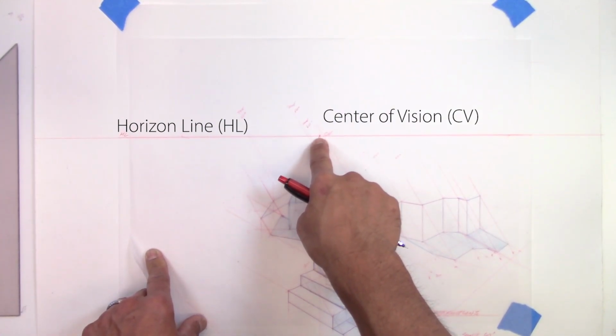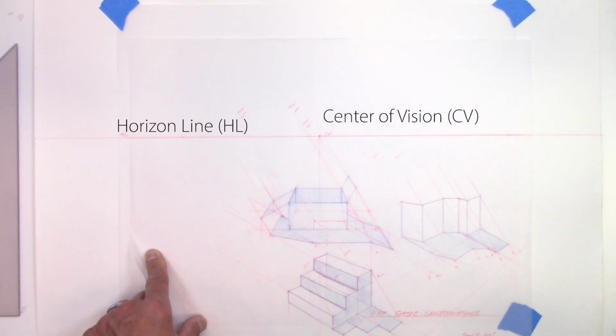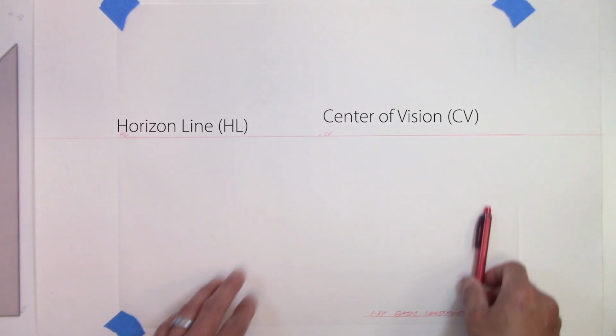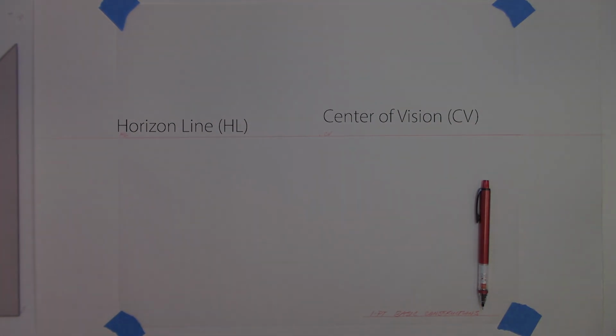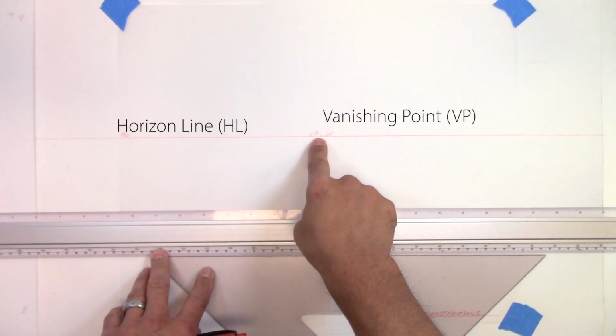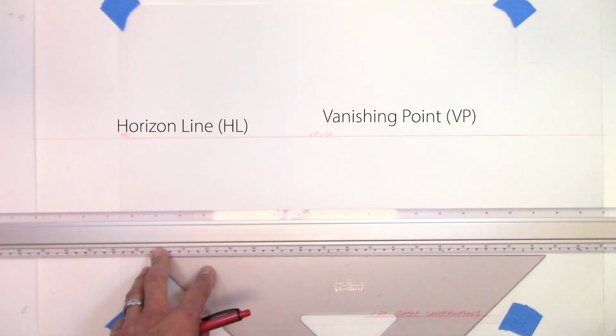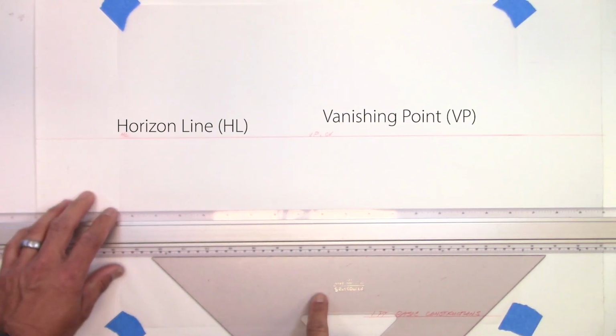So the center of vision will also be our vanishing point, okay? So, center of vision, vanishing point. So let's talk about what the center of vision actually does. Again, the vanishing point and the center of vision are going to be identical in one-point perspective.